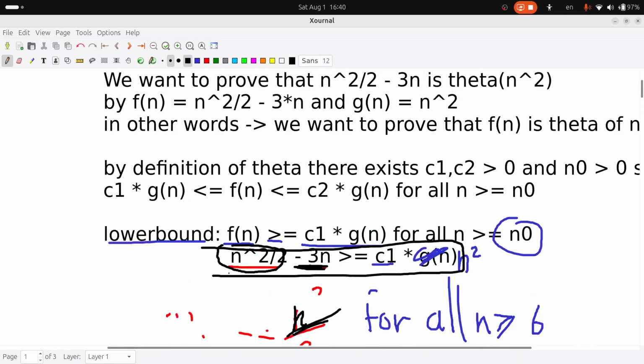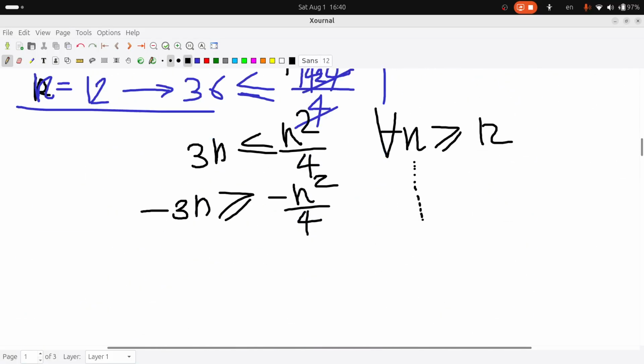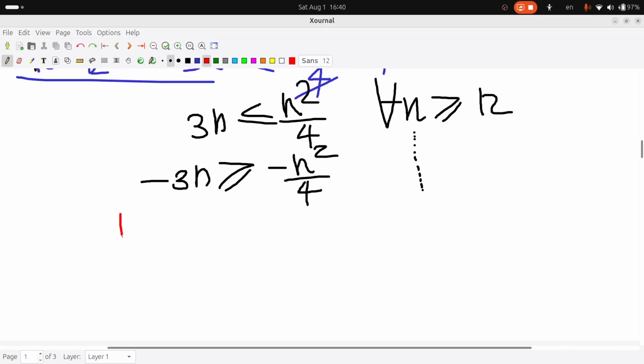And we try to make this expression, so we add n squared divided by 2, 3n and n squared.